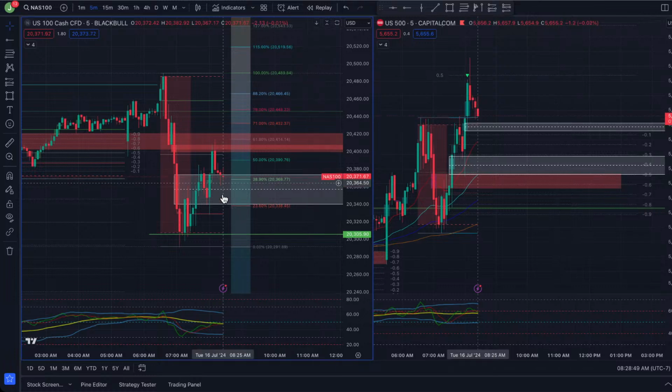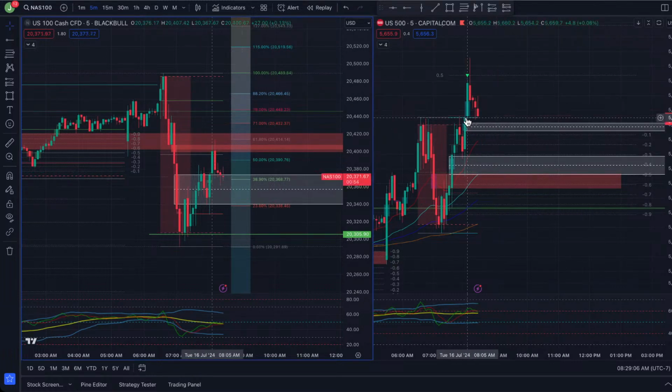Ideally, we don't want to see NAS get below this red line if we're going to stay bullish. And then that'll be in alignment with the story US 500 is telling, and we'll see rejection happening.